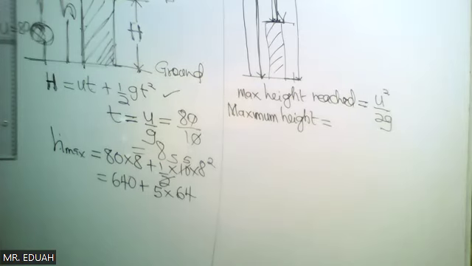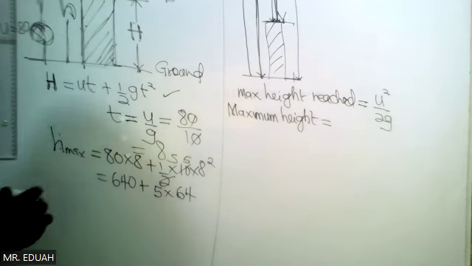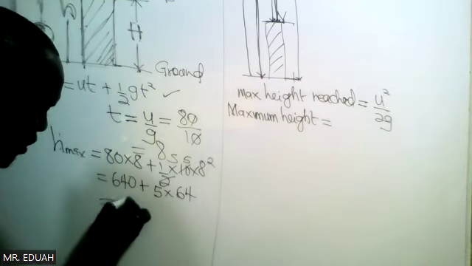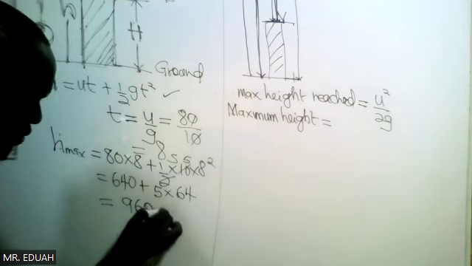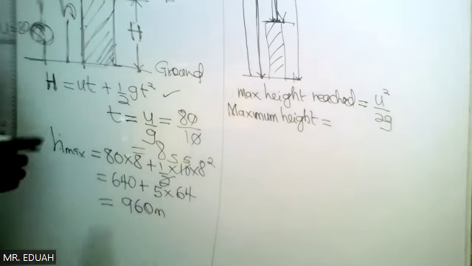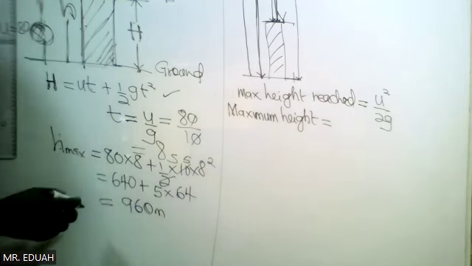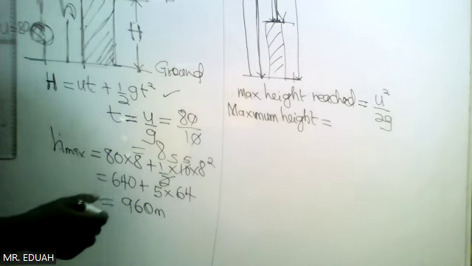Okay. So we have 960. So by this relation, we are told that the maximum height is 960.